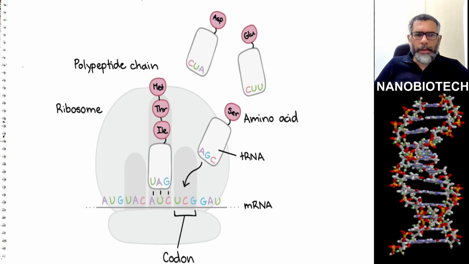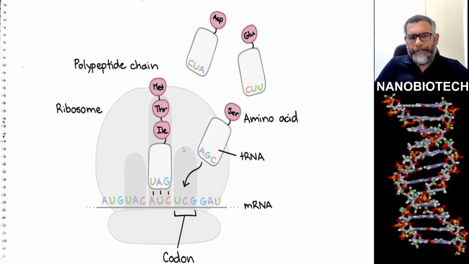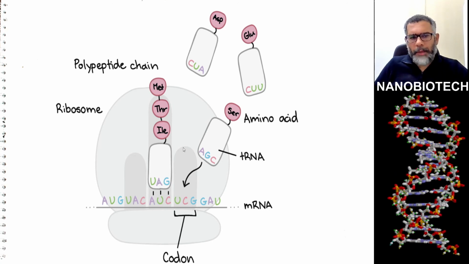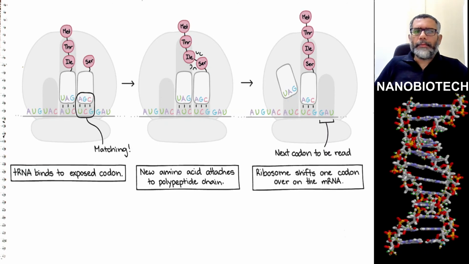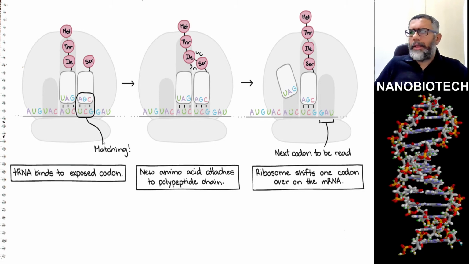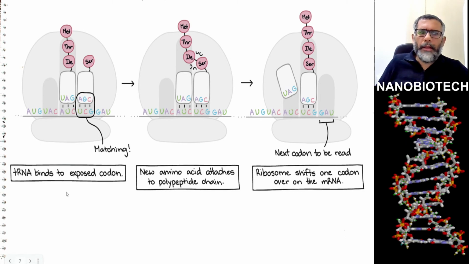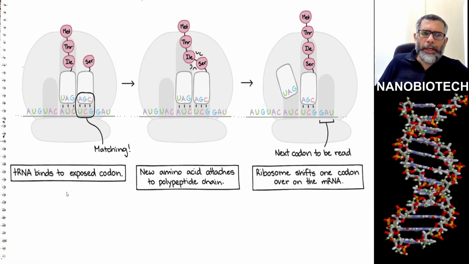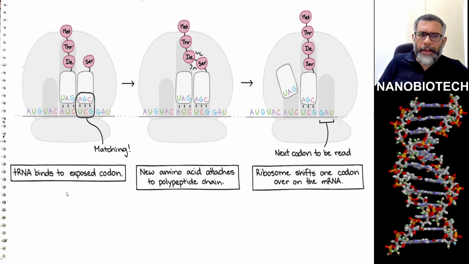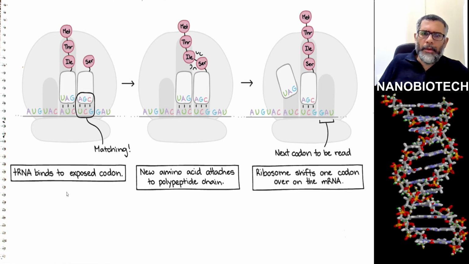At the other end, the tRNA carries an amino acid, specifically the amino acid that matches those codons. There are many tRNAs floating around in a cell, but only a tRNA that base pairs with the codon currently being read can bind and deliver its amino acid cargo.